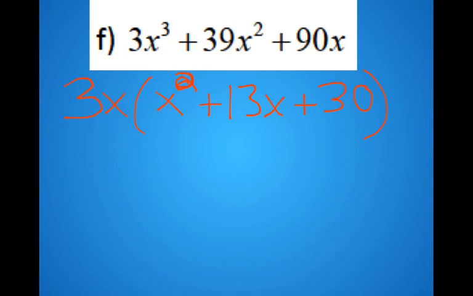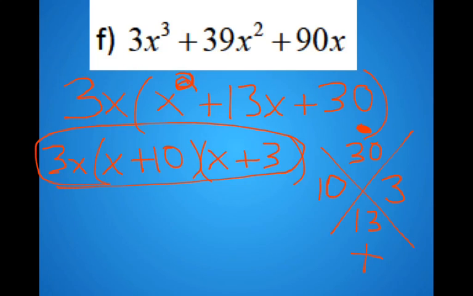And so then we look to see, we're looking for two numbers that multiply to be 30 and add up to be 13. And so you'll think about that for a little bit and figure out that it's 10 and 3. So then we keep the 3x along for the ride, and then we go right to our double bubble, x, and plus 10 and plus 3.